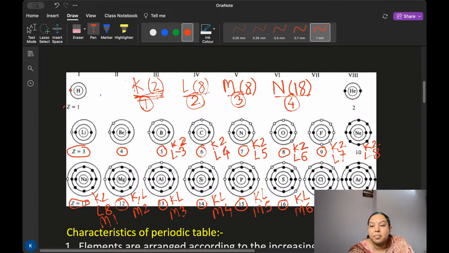In atomic number 18, that is argon, K and L shells are completely filled, and M shell also has 8 electrons. The maximum capacity of M here is 8, and it is achieved in argon. So argon is a non-reactive noble gas element.